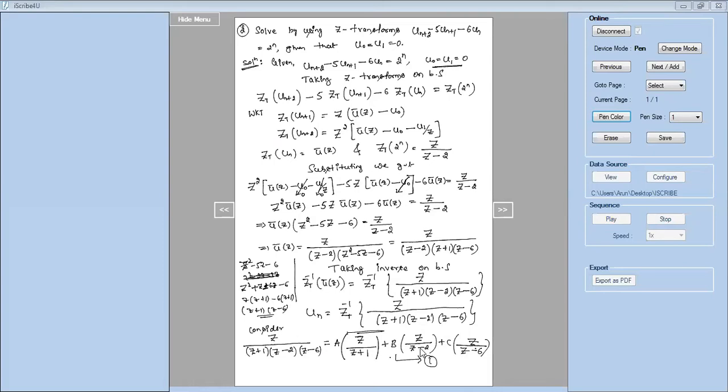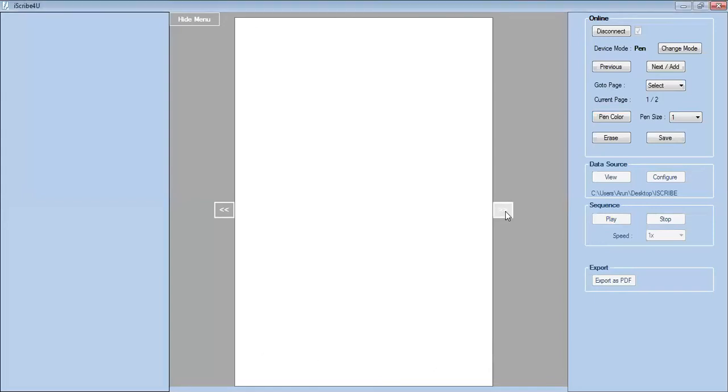Now you can take LCM and equate the numerators so that you can find the values of ABC. So let us find the values of ABC now. I'll take LCM and straight away equate the numerators. Z equals, it is the left hand side.